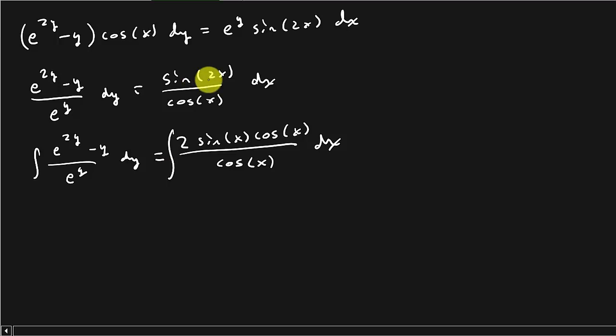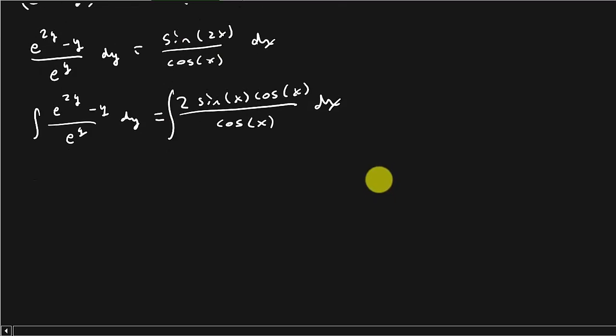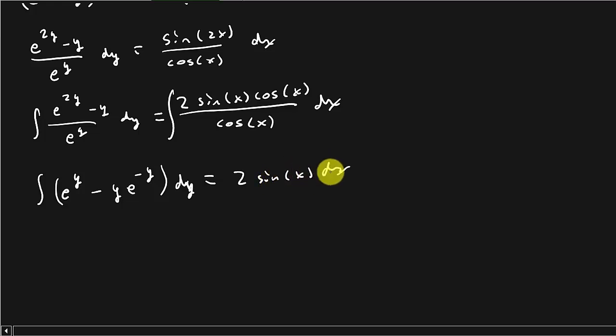Your double angle identity. And so that is going to give us the integral of e to the y minus y e to the negative y dy equals, let's write this as 2 sine x dx.